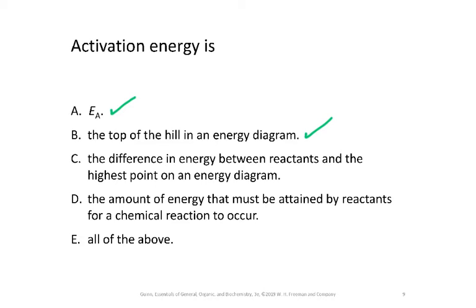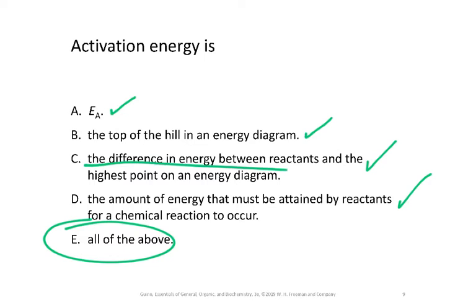Yes, it's the difference in energy between reactants and the highest point. Yes, it's the amount of energy that must be attained by reactants for a chemical reaction to occur. So all of the above, right? It's really the difference between the energy and the top of the hill, but the top of the hill is sometimes called the point of the activation energy.